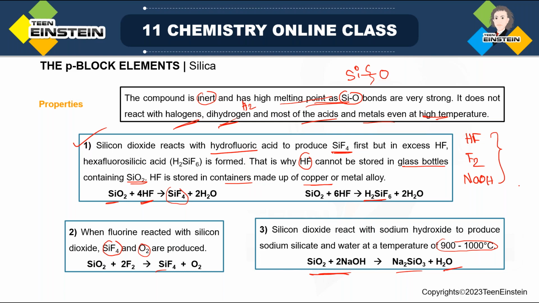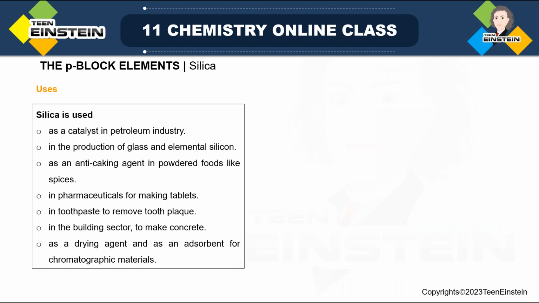Okay. Application part of silica: in the petroleum industry it is used as a catalyst. Then in the production of glass and elemental silicon. That means starting from silica, we can get elemental silicon. It is also used as an anti-caking agent in powdered foods like spices.